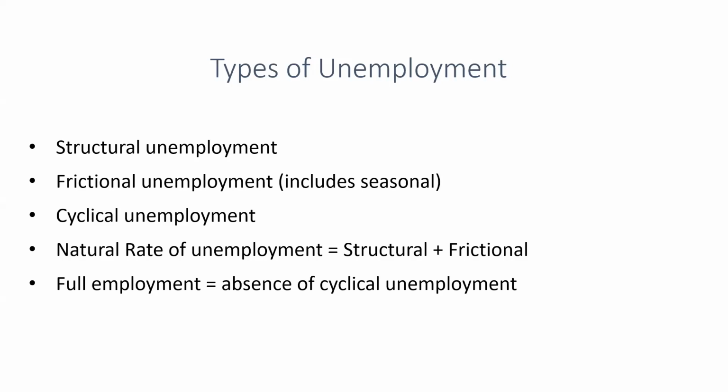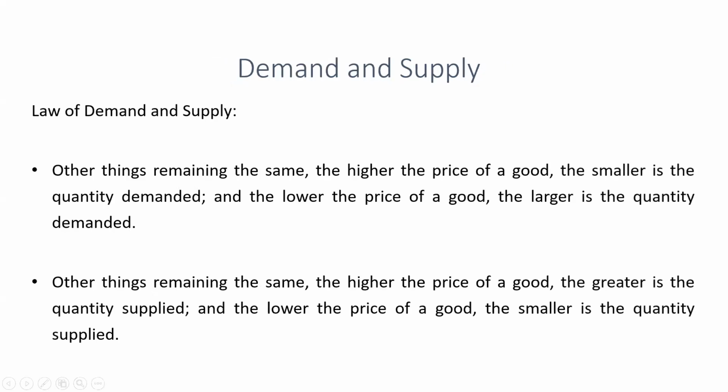So there could be frictional unemployment, there could be structural unemployment, but whoever is unemployed in the country is either because their skills are not matching or because it's temporary. It is not because of a shortage. So as long as you don't have a shortage of jobs in the country, you would say you have attained full employment. Moving on, let's look at a few diagrams based on demand and supply, and I'll draw those diagrams for you as well at the appropriate time.